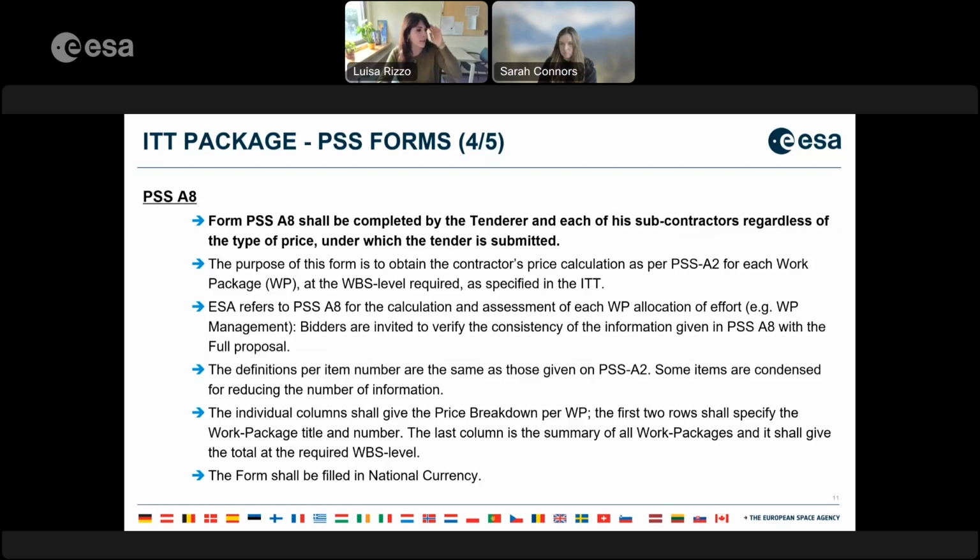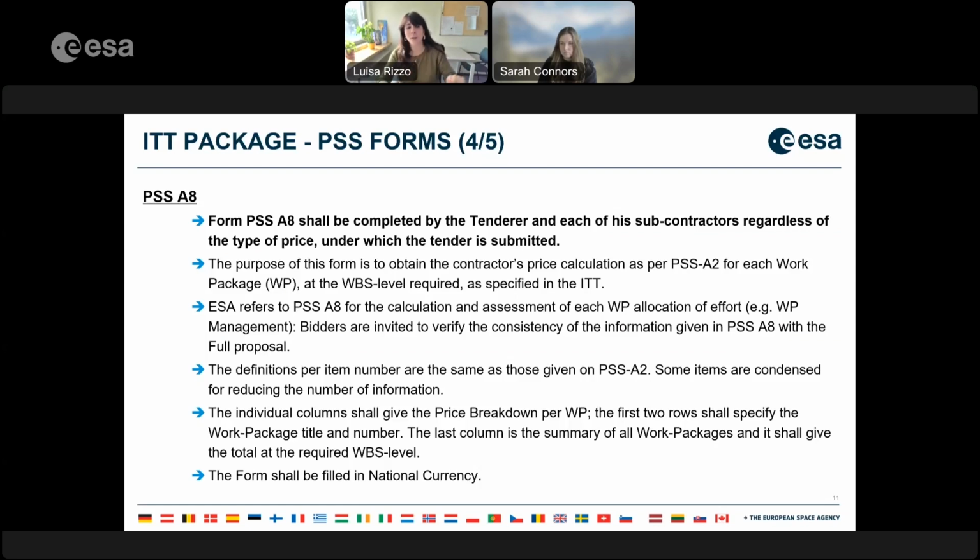So the PSS forms, we can say, contain a big frame of the whole project, because they have to reflect all the information already provided in the PSS A2 against the WBS provided in the full proposal as well.